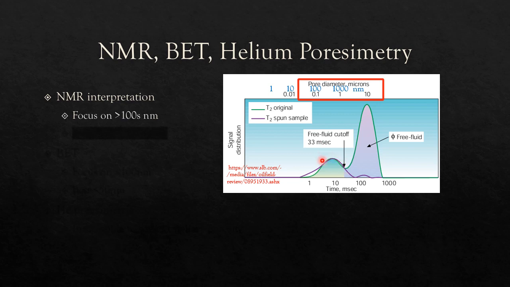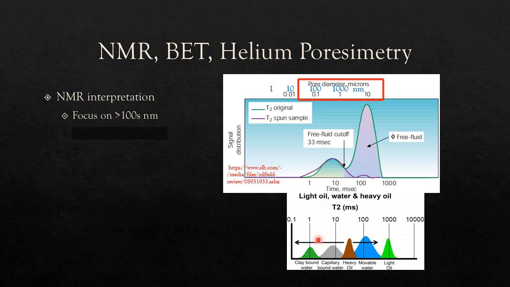And the interpretation could be anywhere from clay bounded to capillary bounded to heavy oil or movable oil, or light oil. This could all change for different reservoirs. But overall, you can't use it well beyond 1 millisecond, which is tenths of nanometer.